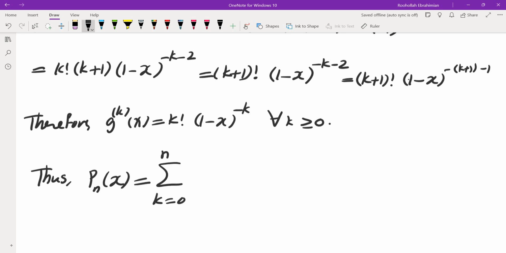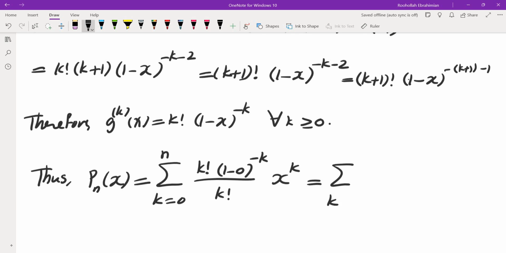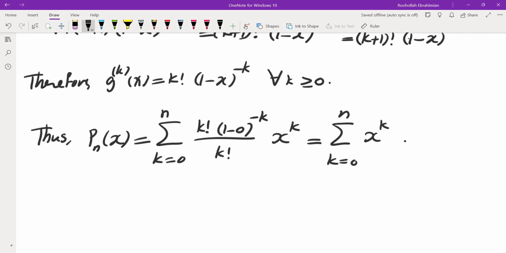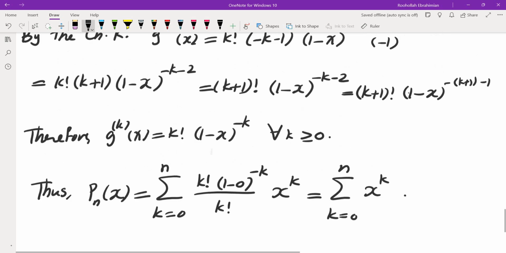We can plug in g k of 0 here. So that would be k factorial (1 minus 0) to the power of -k minus 1 over k factorial times x to the power of k. So this becomes the sum k equals 0 to n of x to the power of k. So that's the nth Taylor polynomial for 1 over 1 minus x.